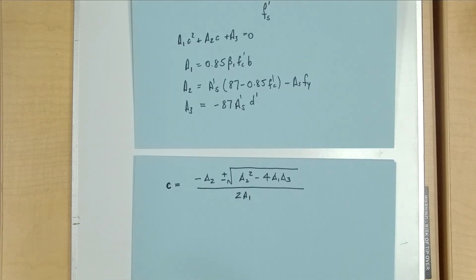You'll get two results out of this. One of the results will be positive, one of the results will be negative. Negative distance doesn't exist, only in physics land, so we don't pay attention to negative distance. So we take the physical quantity C, which remember is the depth to the neutral axis, where the strain is equal to 0. So at that point, we know what C is.